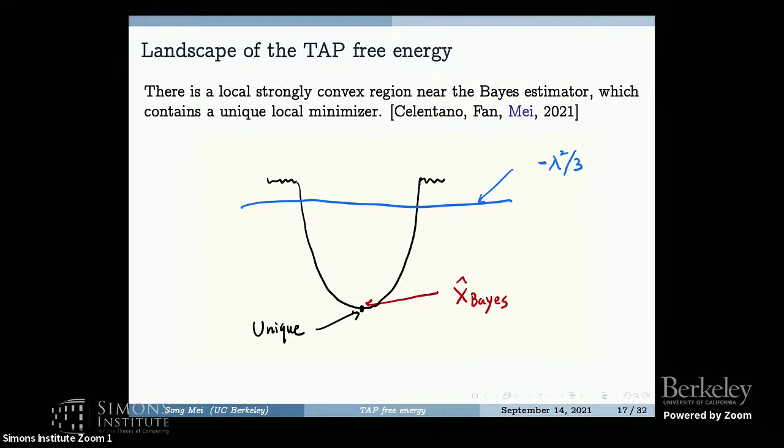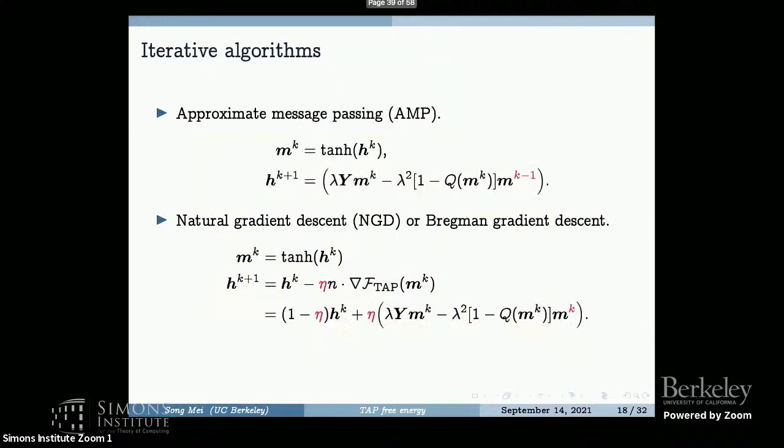So you can imagine that with this geometric result, there will be a polynomial time algorithm to find these unique local minimizers. Well, the first guess would be gradient descent, but actually gradient descent may not work very well, so we come up with this natural gradient descent.